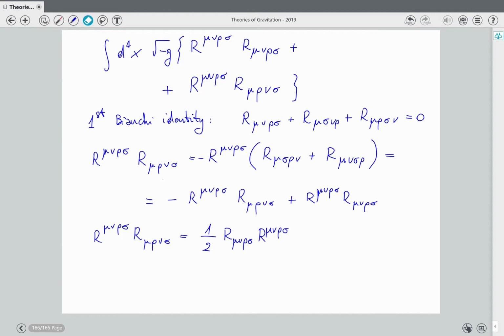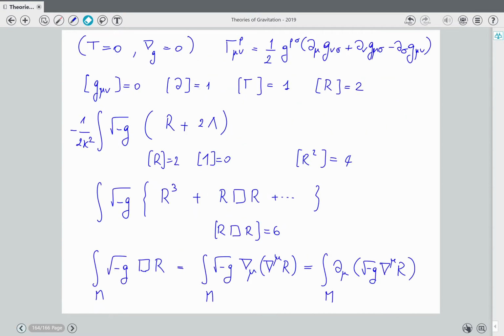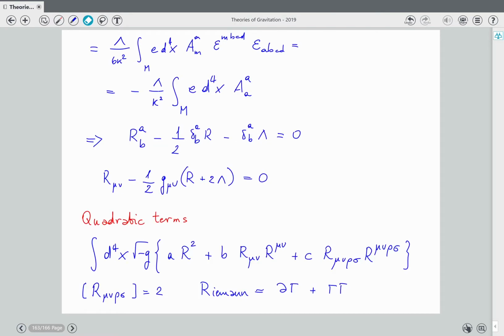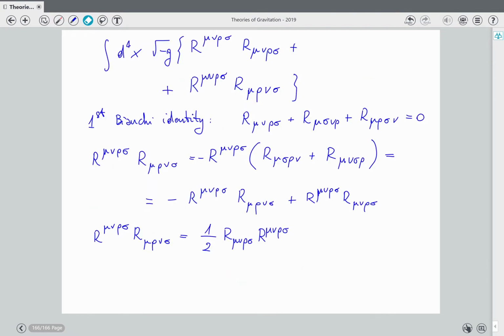So this is nothing new, and actually there is a further simplification, because there is a relation between those three that's not evident, and that makes a certain combination of those three equal to a total derivative, which gives the Euler characteristic that we already met in a different context.